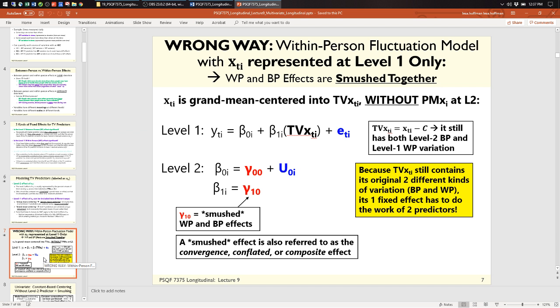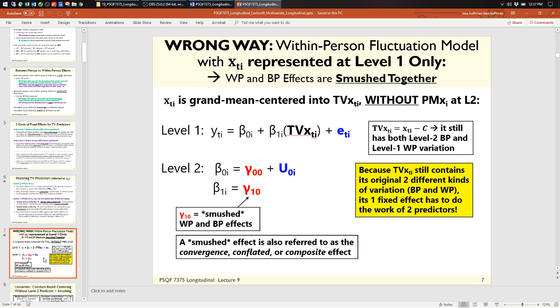It's smushed, yes. And if you want to sound more proper, pick one of these other words. But conflated, I like conflated the best because that's like the nicer way of saying smushed. The other ones I think can mean other things in different contexts, but the basic idea is that this predictor has two sources of variance at a minimum, between person intercept for mean differences and then within person deviations around those means.